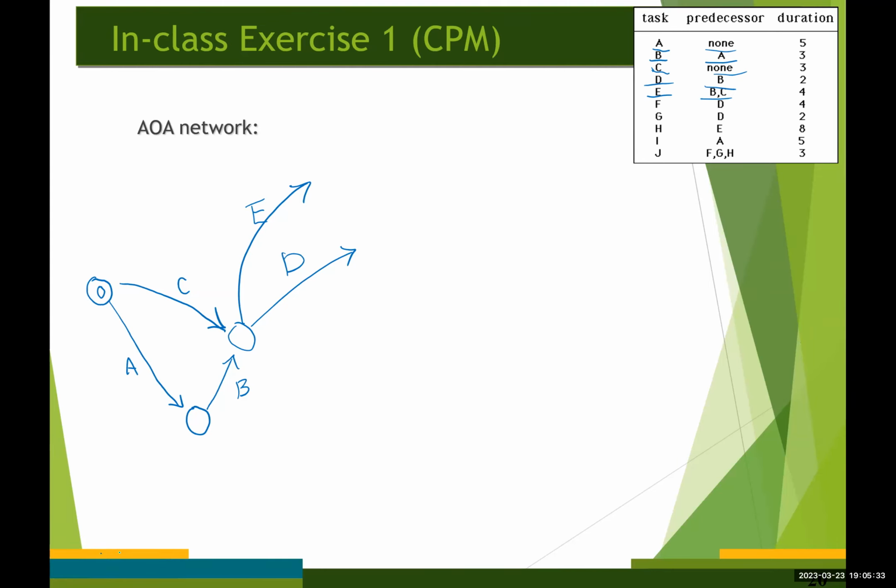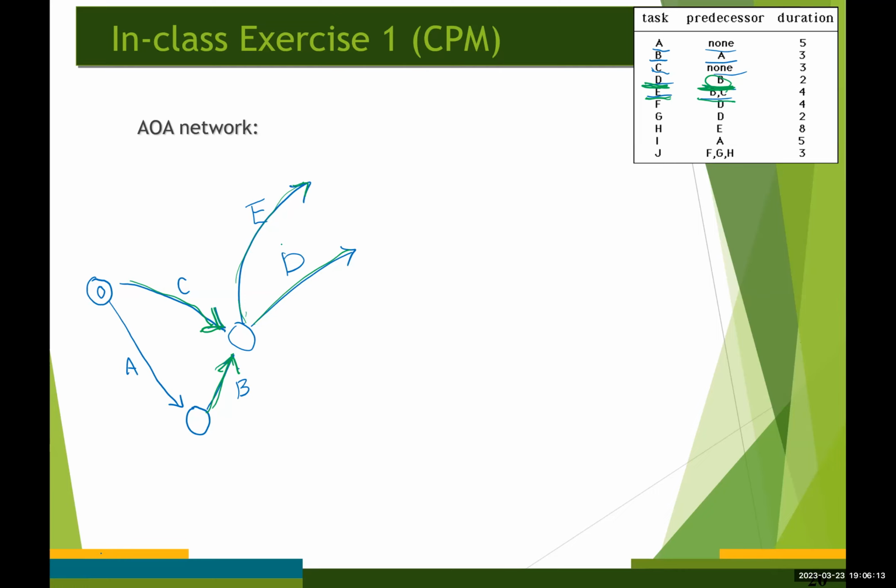Is that a correct diagram? From this diagram, E has two predecessors, B and C. That is correct. But the problem is that D has only one predecessor, which is B, while according to this diagram, D also has two predecessors, B and C. So this is not the correct diagram.